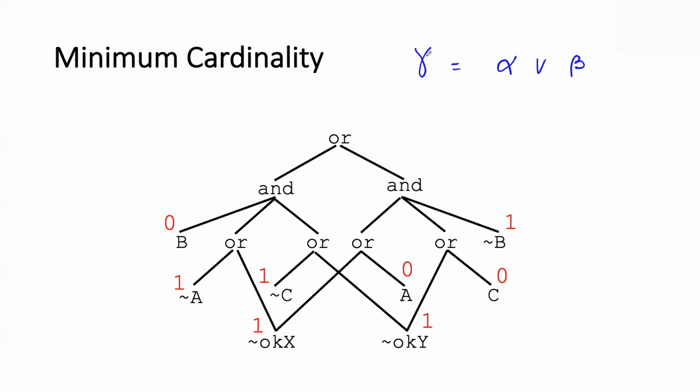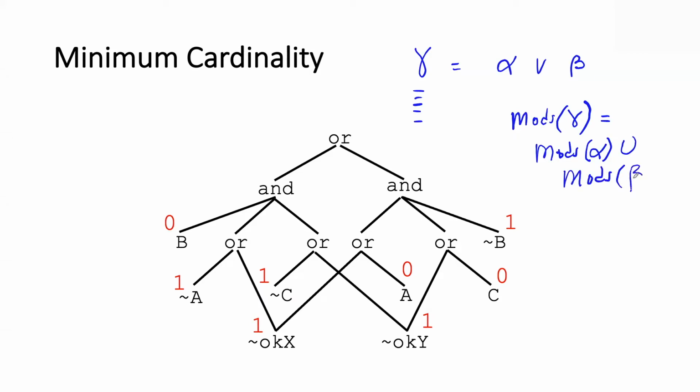Indeed that is correct, but let's see why that is the case. You have to think about what the minimum cardinality of this is. I'm looking at the models for this guy, and I want to find the minimum cardinality that any of them can attain. Now, what are the models of this guy? We know this from before: the models of gamma is the models of alpha union the models of beta, correct?